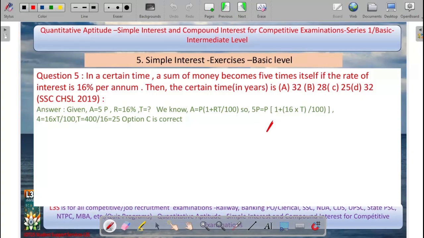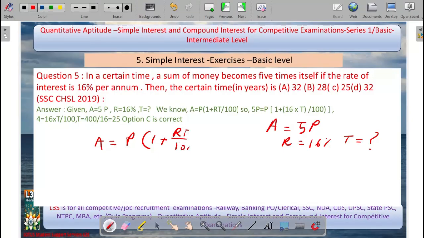So A will become 5 times P, and the rate of interest is 16%, and we have to find out the time period. So simply we can use A is equal to P(1 plus RT by 100), this formula. If A is equal to 5P, A by P will be equal to 5.